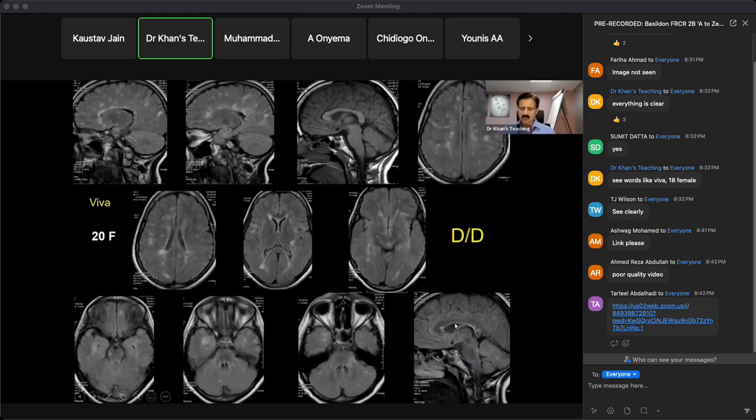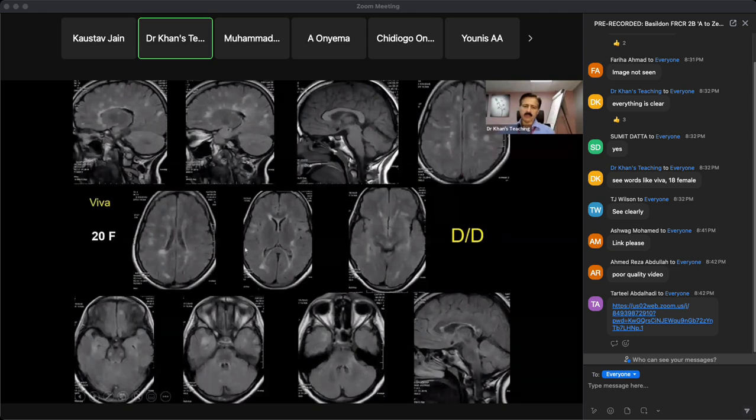So this is the undersurface of corpus callosum, also known as callososeptal interface. So classically in MS, there is involvement of this. In some of the earlier studies, the sensitivity, specificity in MS for this was more than 90% actually.